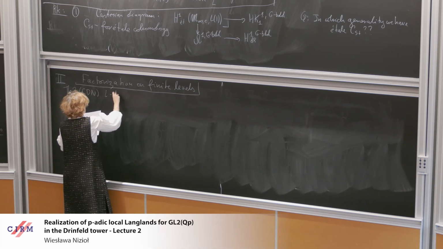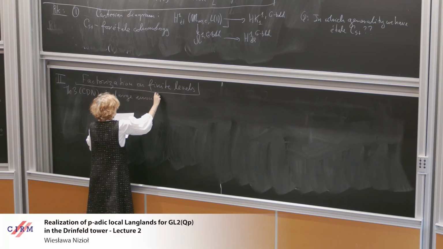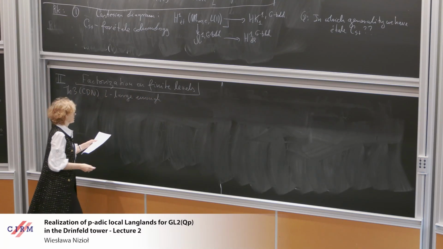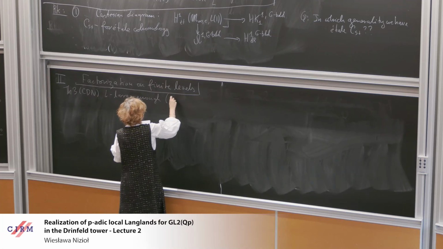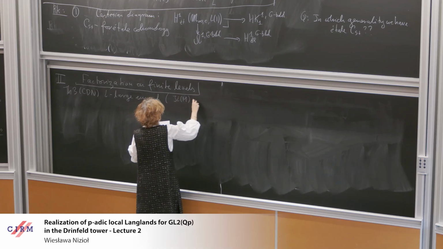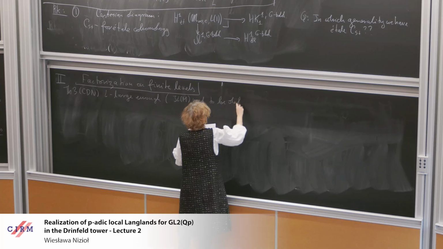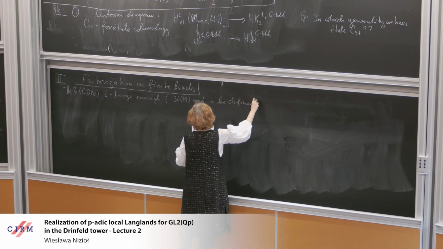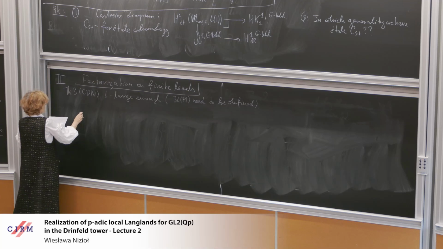So R is again large enough to include basically all the Langlands M's that will appear. So we'll have a finite number of these M's, so this is okay. This will be finite.